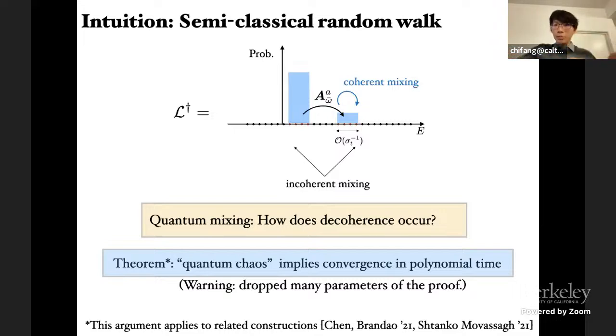It's trying to do a random walk on an energy eigenbasis, but now you could have some entanglement between nearby energies. This entanglement exists because your quantum initial state could have entanglement, but also because you cannot distinguish energies, so these jumps can preserve this entanglement.